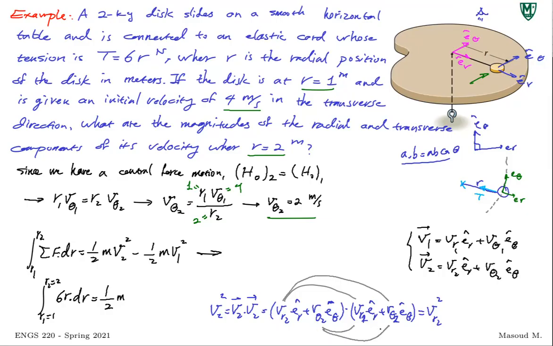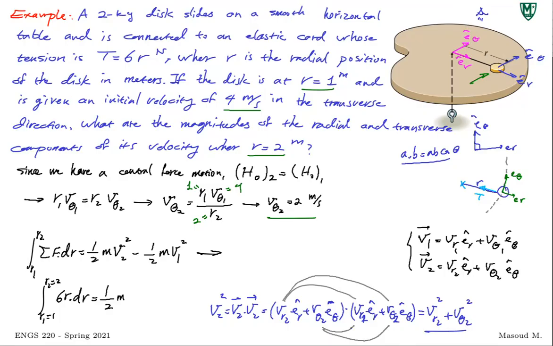And again, v theta 2 e theta times v theta 2 e theta: the angle between two same unit vectors is 0, cosine 0 is 1. So this becomes plus v theta 2 squared. All right, so that's how v2 squared becomes vr2 squared plus v theta 2 squared.